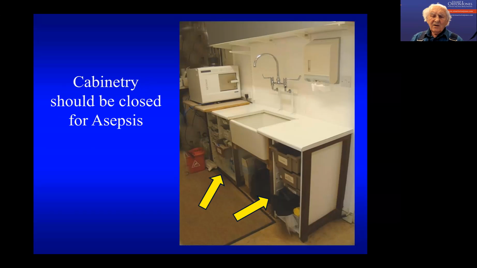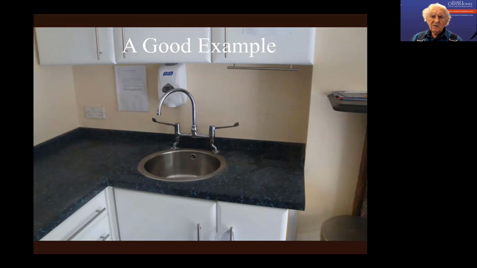Now, this is where I would have prepared my hands for surgery. Nowadays, all these open areas here should be closed for asepsis. This is the standard now for the UK.